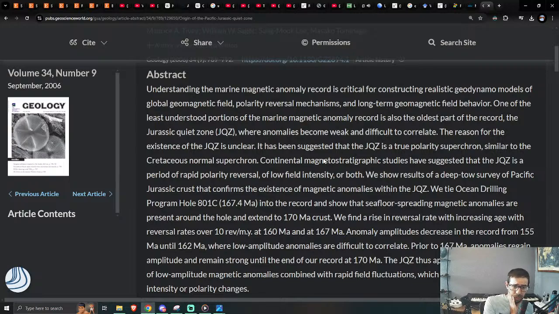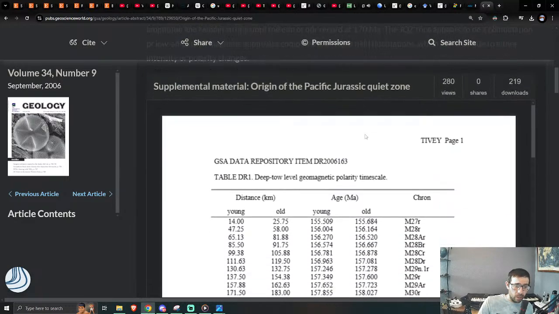We find a rise in reversal rate with increasing age, with reversal rates over 10 reversals per million years at 160 million and 167 million. The Jurassic Quiet Zone thus appears to be a combination of low amplitude magnetic anomalies combined with rapid field fluctuations, which could be due to either intensity or polarity changes.